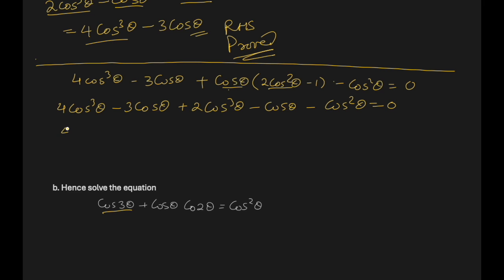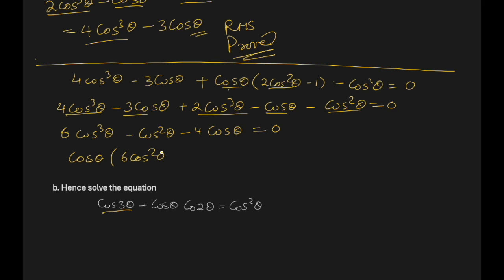So let's see, 4 here and 2 here becomes 6 cos cube theta, and then we have minus cos square theta, this alone. But this minus 3 and this minus cos theta will become minus 4 cos theta equal to 0. Now all 3 of them have cos theta, so let's take cos theta common. What is left? 6 cos square theta minus cos theta minus 4 equal to 0.